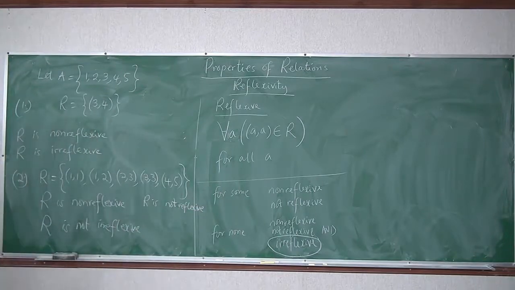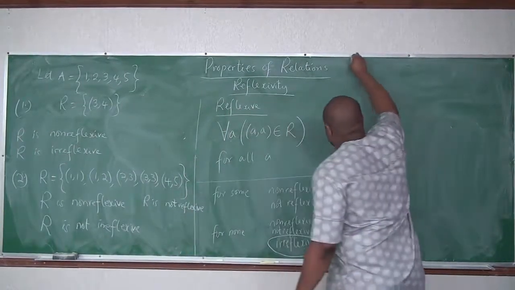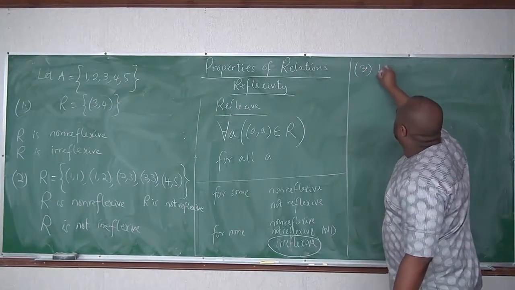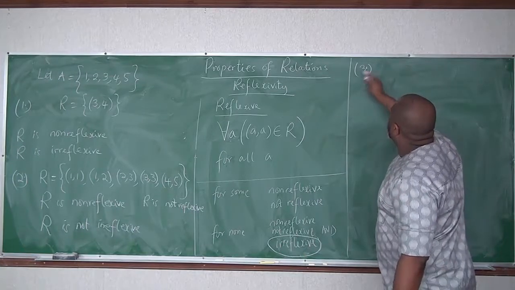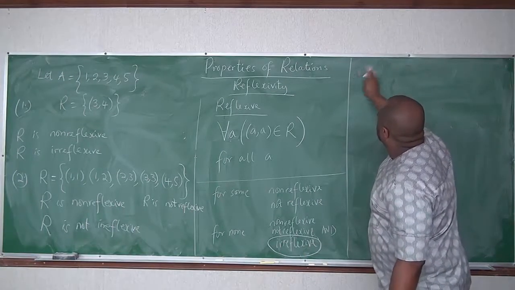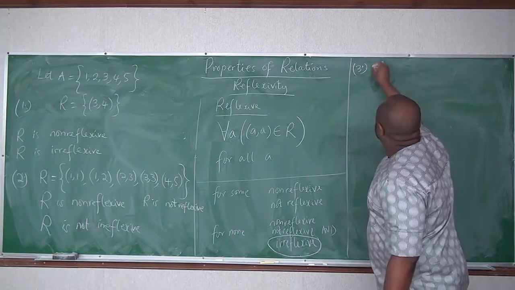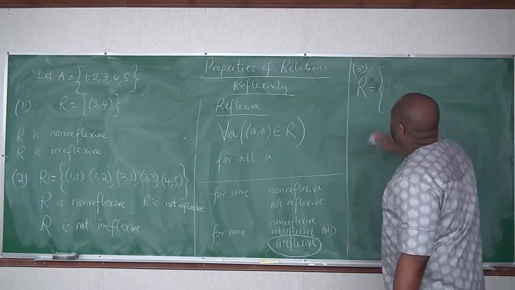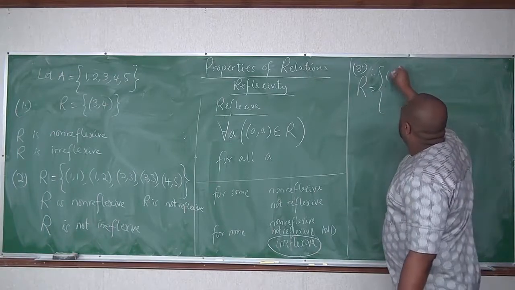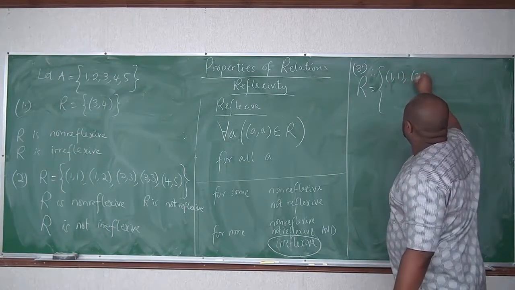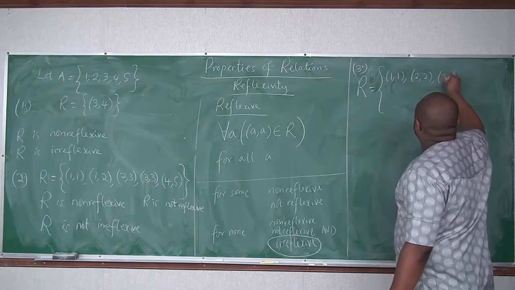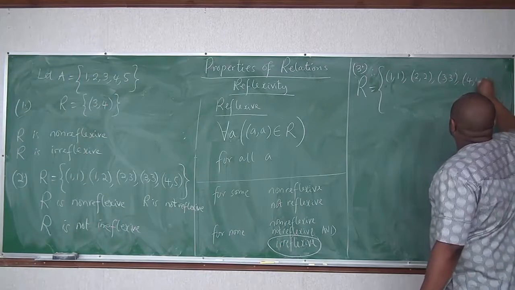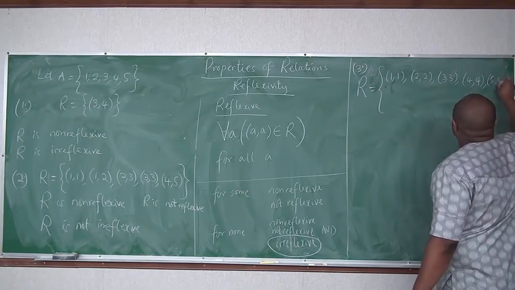Now, number 3, example 3. Let's say we have R to be 1, 1, 2, 2, 3, 3, 4, 4, 5, 5.